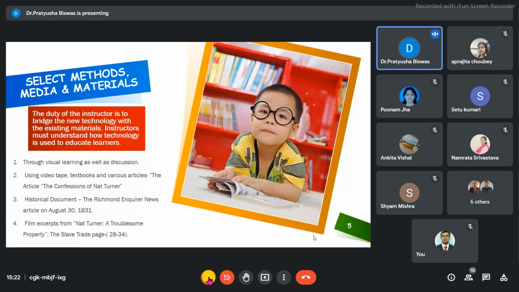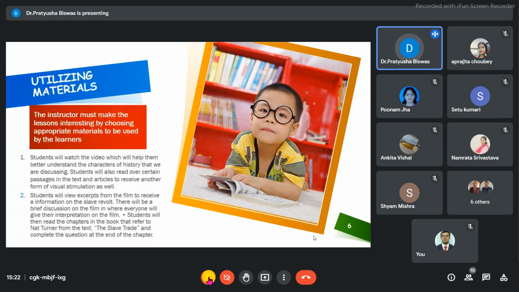In that case, if some extra material is pumped in or some audiovisual aid is used, it is a treat to the eyes as well as a break from the monotony. So by breaking the monotony, you can ensure that the child's attention and perception level is increased.